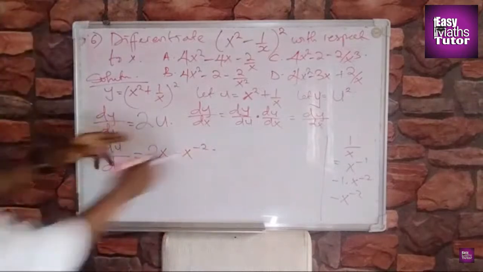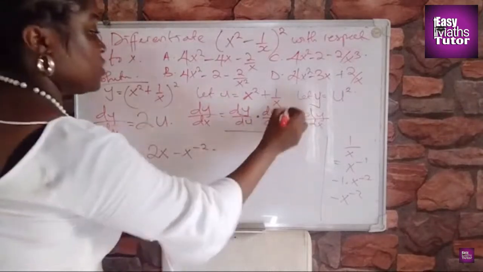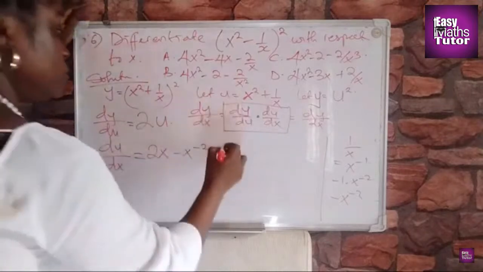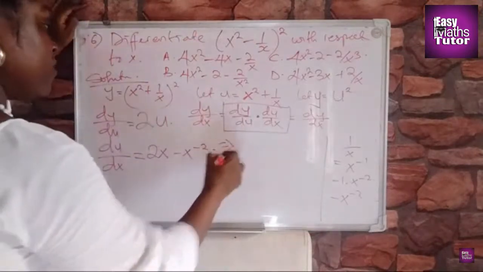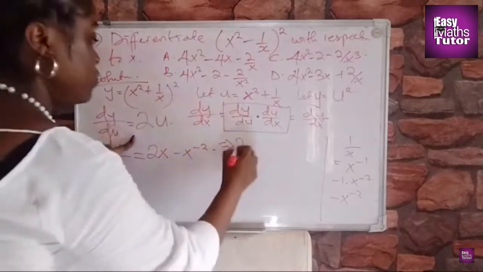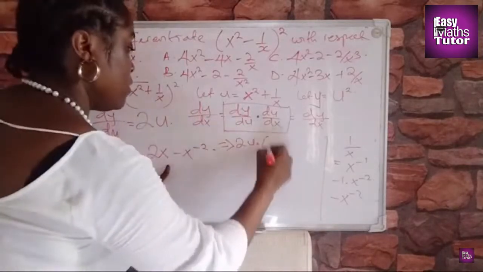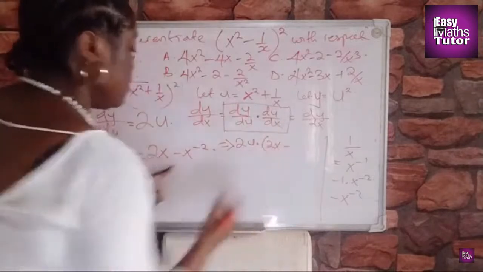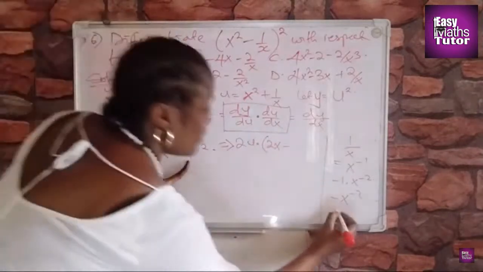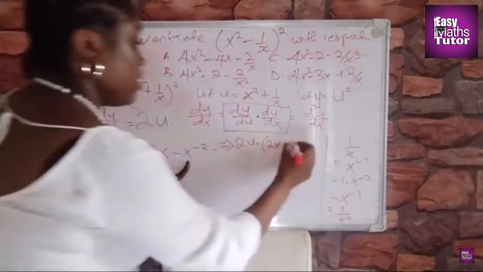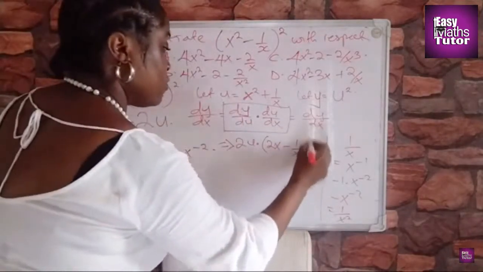So if we put these two together, remember this chain rule. Putting these two together, what do we have? dy/du is 2u. du/dx is 2x minus 1 over x squared.